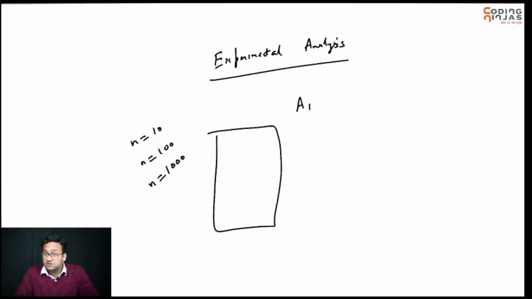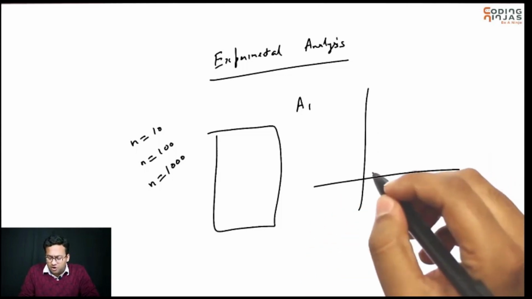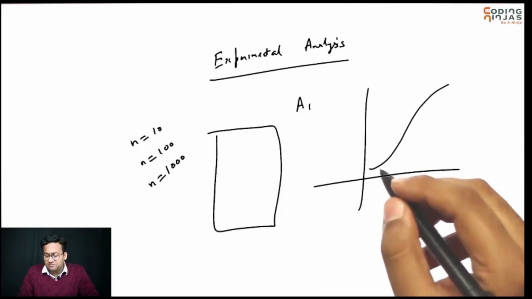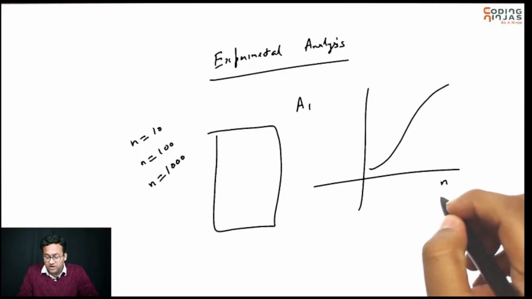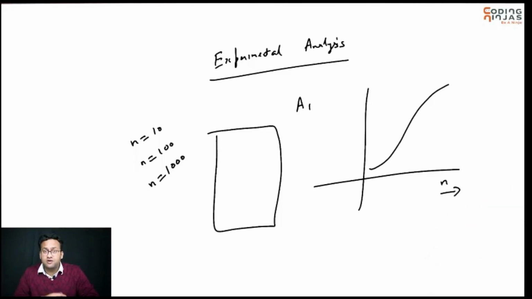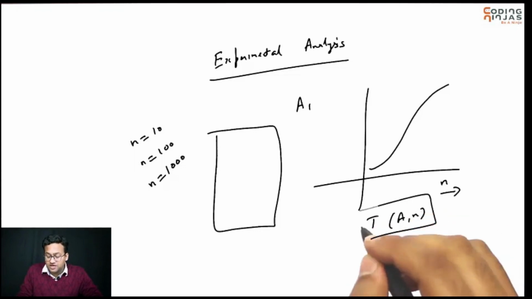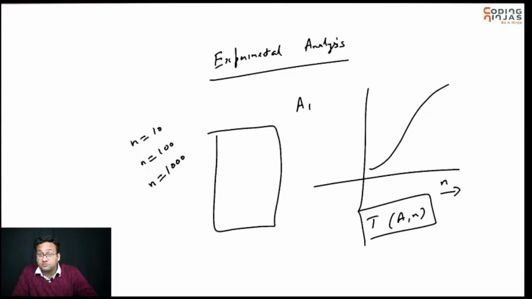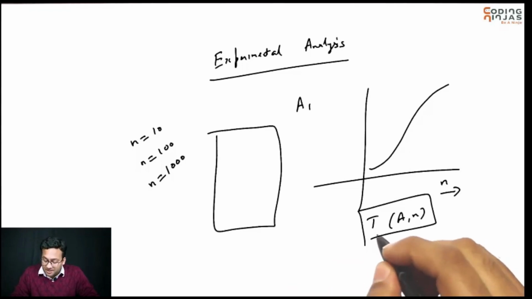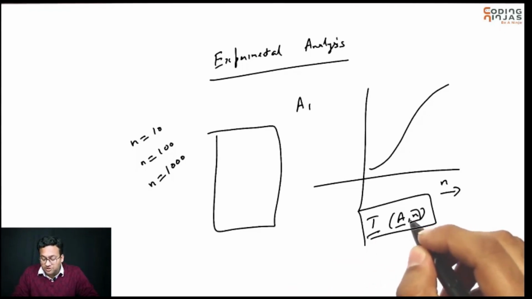That way I can plot a graph of how much time an algorithm is taking with respect to n. And by looking at the graph, we will get some sense of the function that we were looking for.